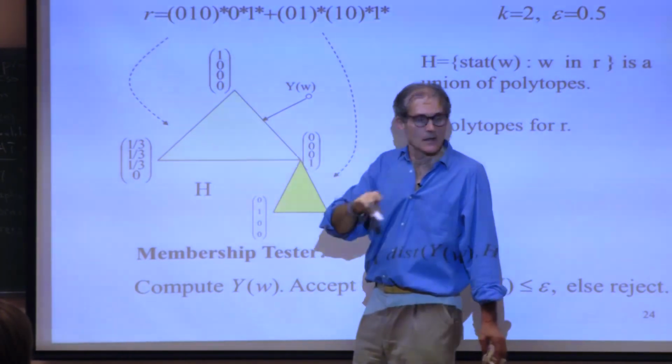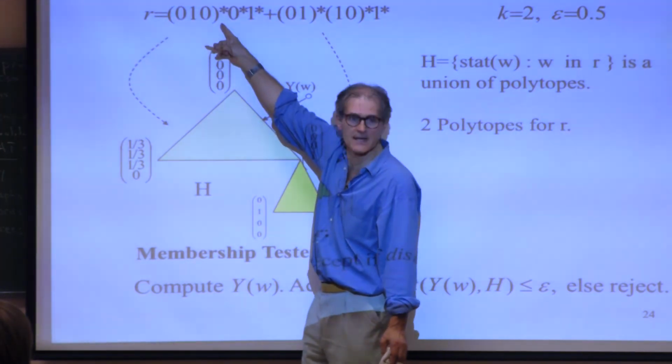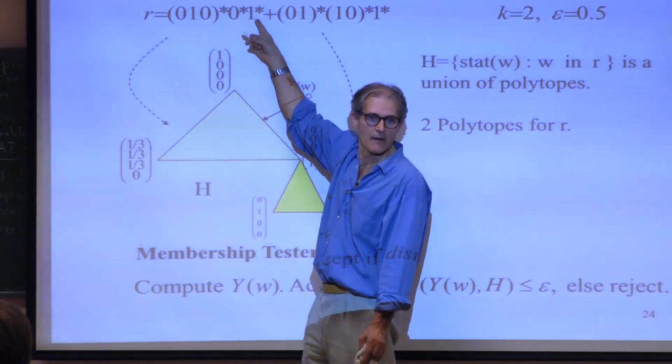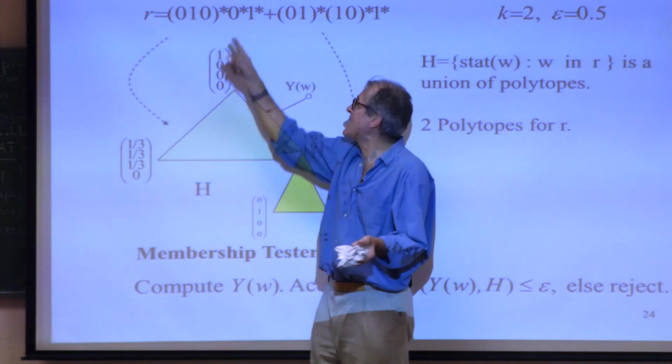Why is that? Because it means that you have a certain proportion here, plus a proportion there, plus a proportion there. But the sum of the proportions has to be 1.